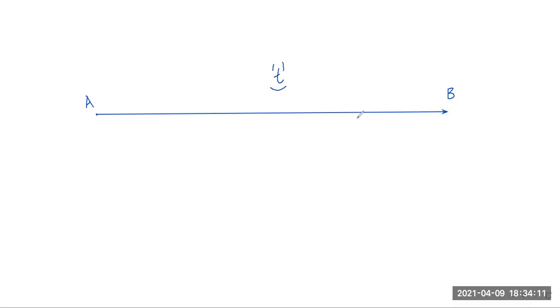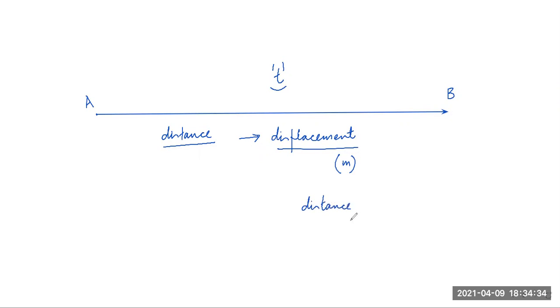Now, this distance covered in time t is known as displacement. Displacement can also be measured in length, in meter. Distance can also be measured in length, meter. What is the difference? The difference is about direction.